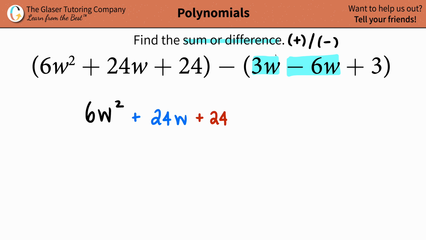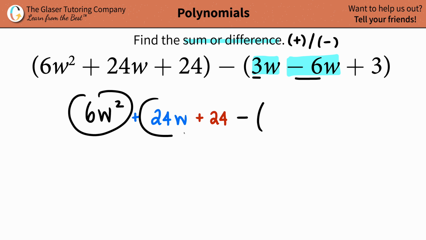And now, let's simplify this parenthesis. It's still going to be a minus sign, and we're still going to have a parenthesis here. 3w minus 6w. Well, when you're adding or subtracting, only focus on those numbers if you have the same term. So basically, it's 3 minus 6, and that's a negative 3. And let's color code, right?